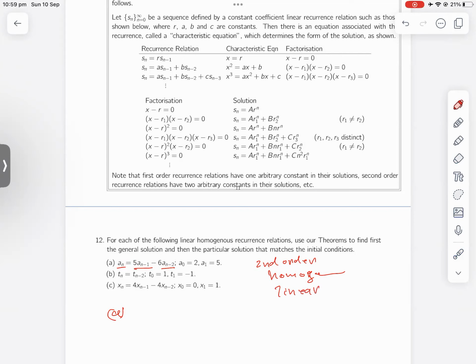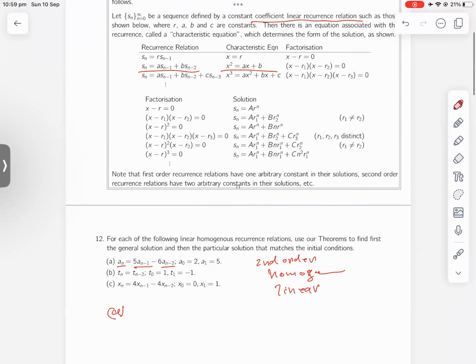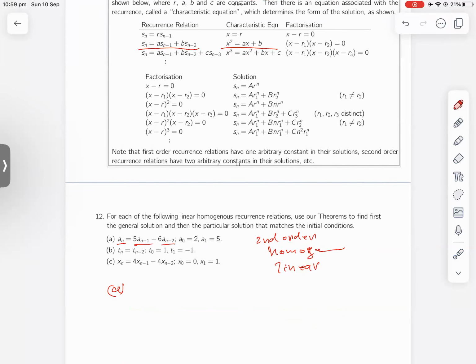So we will use this linear coefficient recurrence relation, like here. You see that I will use this one and solve it. So let's use x squared equal 5x plus b, where b is the coefficient of this term, minus 6.